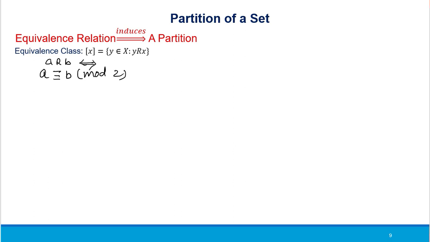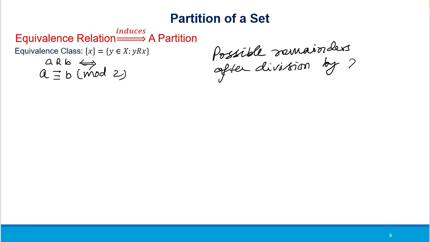Now, what are the possible remainders when you divide any integer by 2? The possible remainders after division by 2 are 0 and 1.